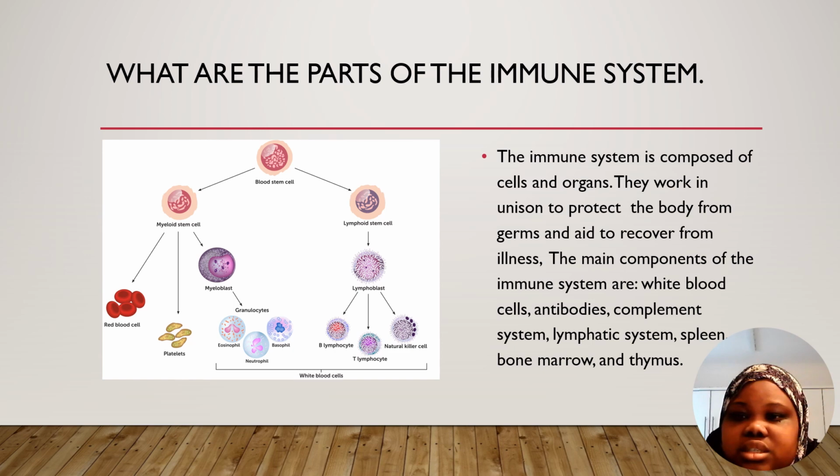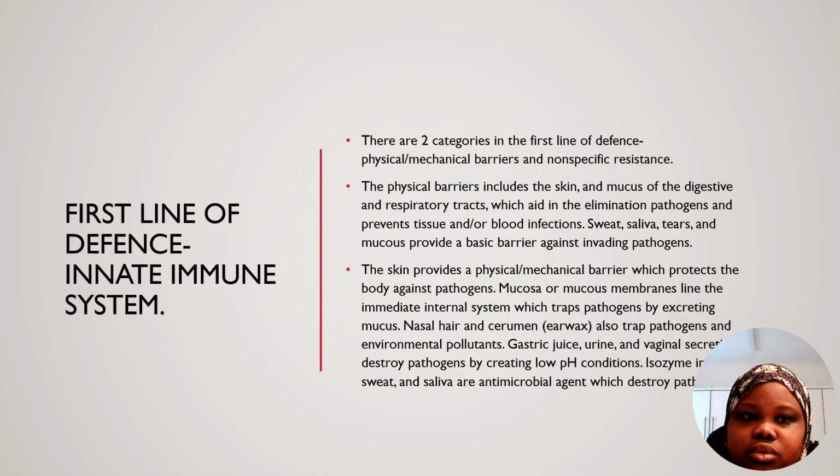It also creates antibodies. So the first line of defense has two categories, which are physical and mechanical barriers and non-specific resistance. The physical barriers include the skin and mucus in the digestive and respiratory tracts, which aid in elimination of pathogens and prevent tissue or blood infections.